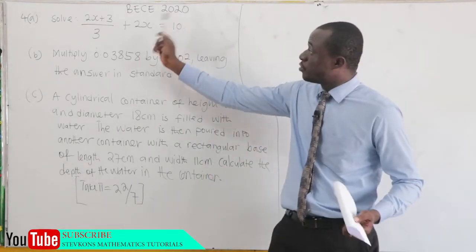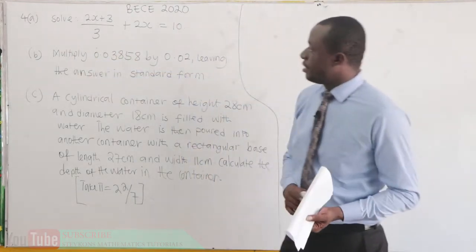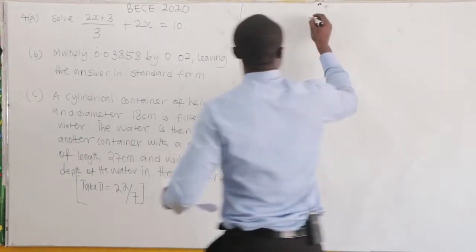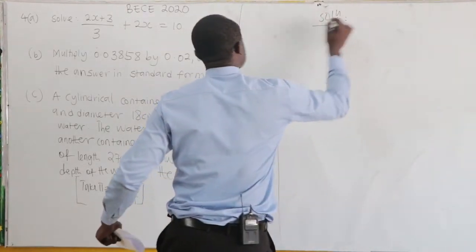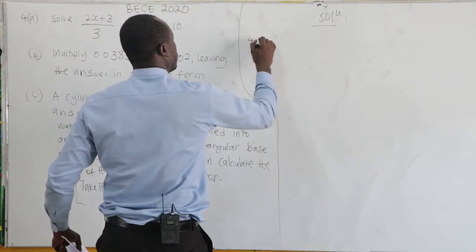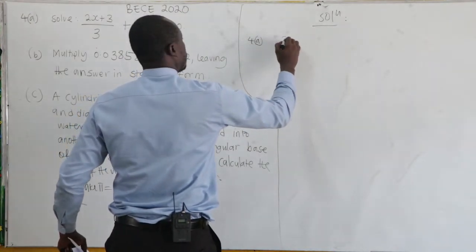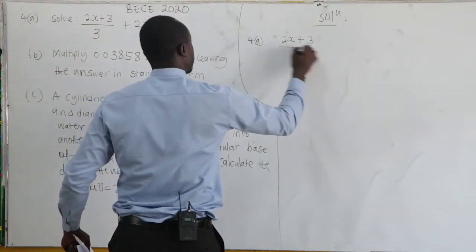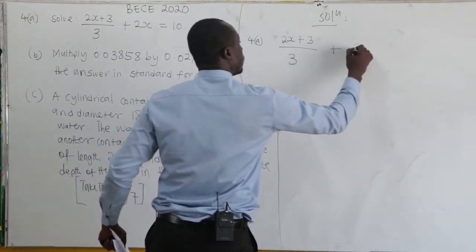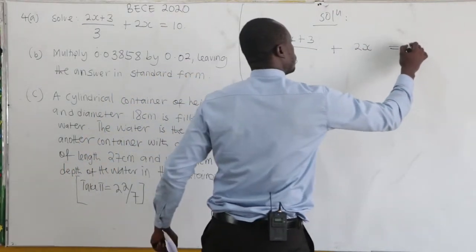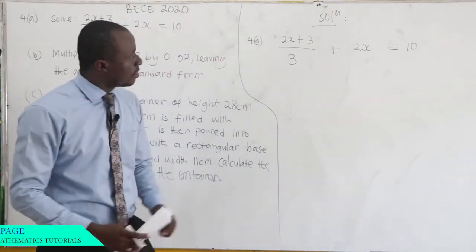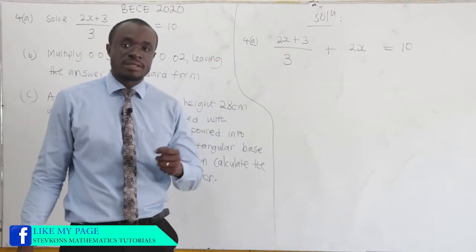This is B.E.C.E 2020. Let's see question number 4a. Solve 2x plus 3 all over 3 plus 2x equal to 10. Now, what is the LCM? The LCM is 3.